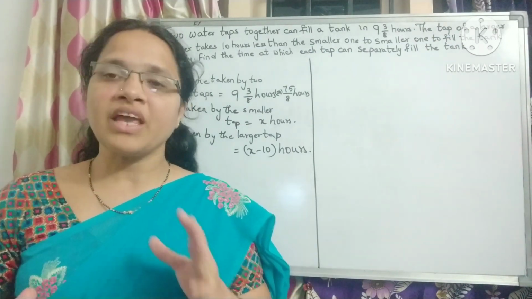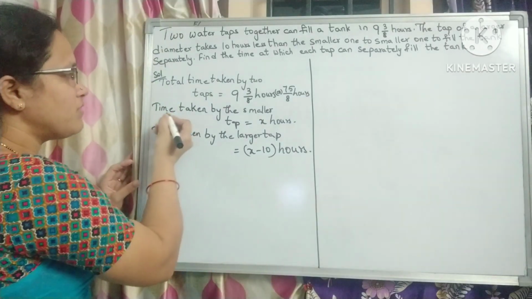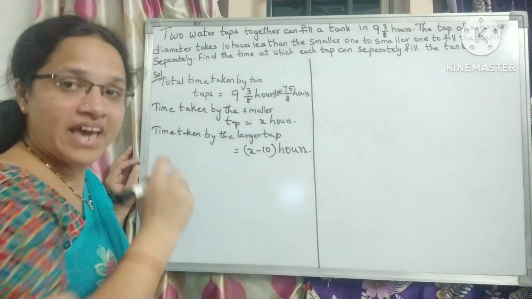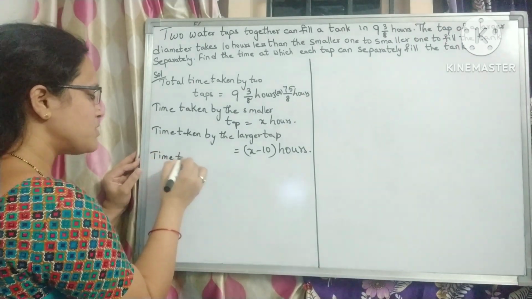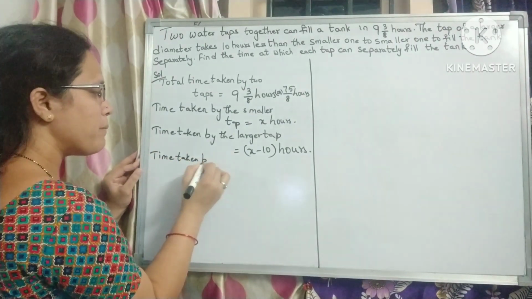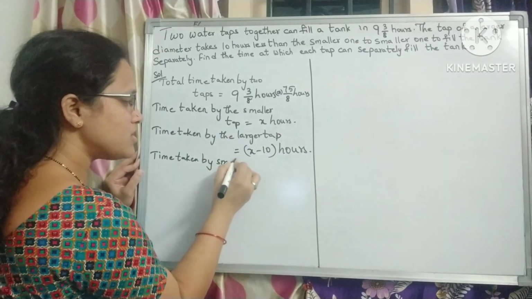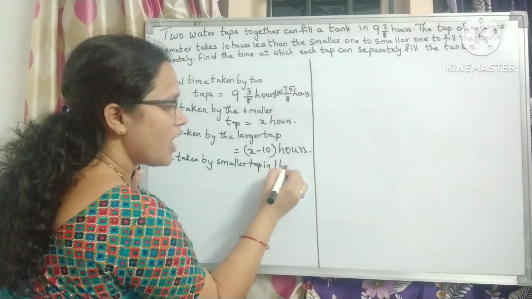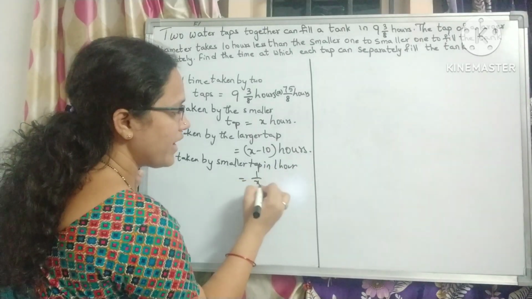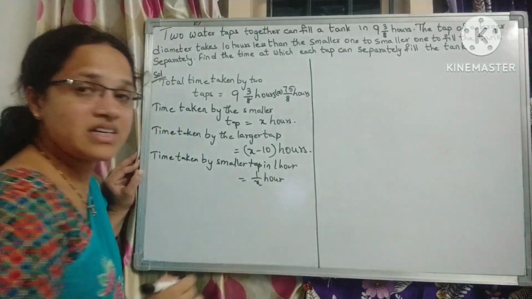In the same way, if the time taken by the smaller tap is x hours, then the work done by the smaller tap in 1 hour is 1/x. Is that clear?